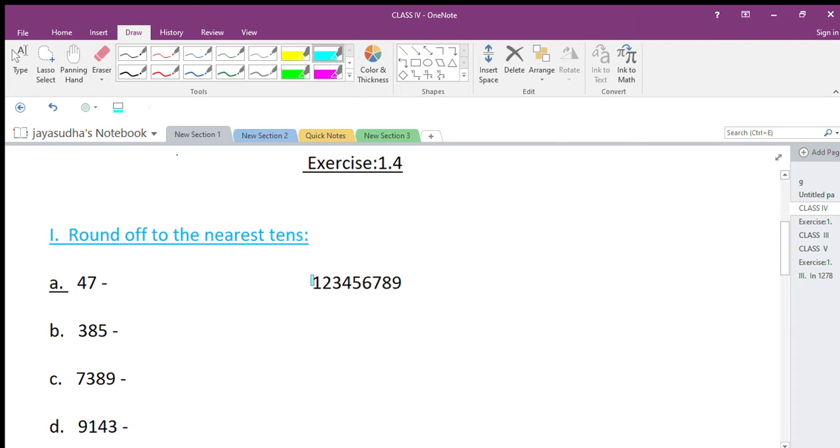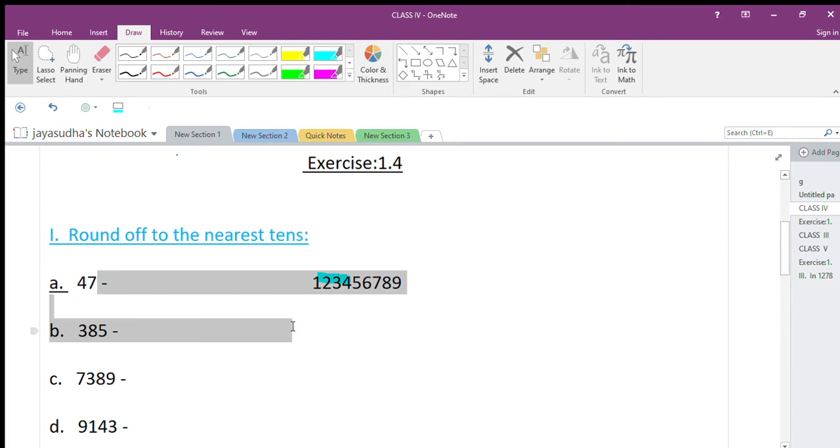Take 47. You want the nearest tens. Nearest tens means what? 4 is the tens place, so you want to round off the tens place. To round off the tens place, you look at the ones place.